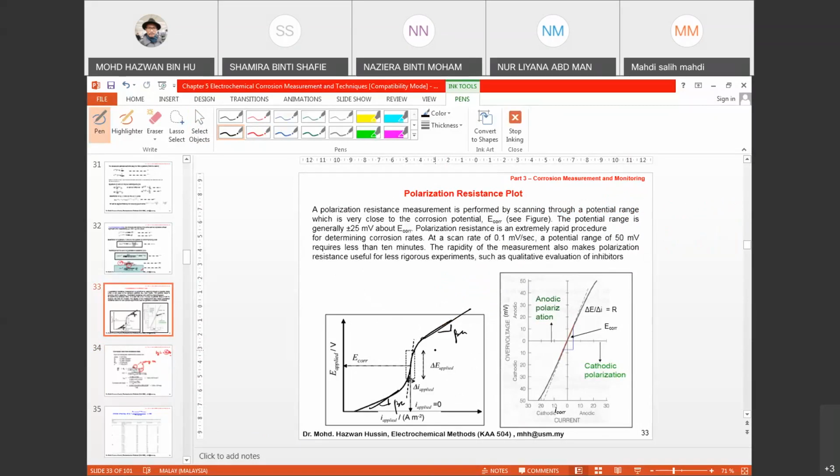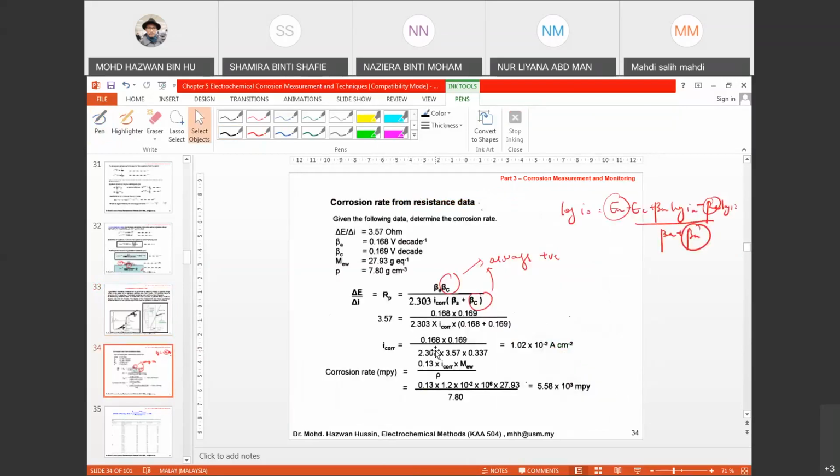A negative beta C only happens with the Tafel plot, because a Tafel plot is plotted as log current density versus potential. Then you will get something like this, where this is beta C and that is beta A. So that is the difference.